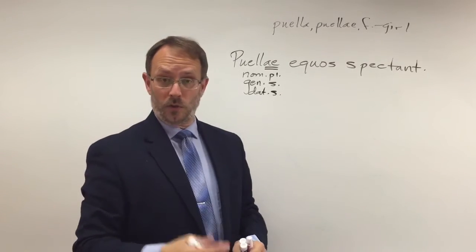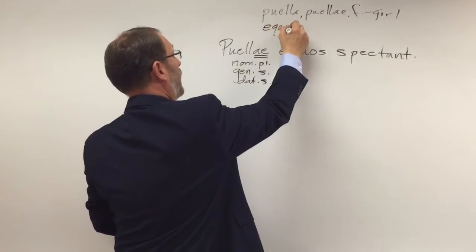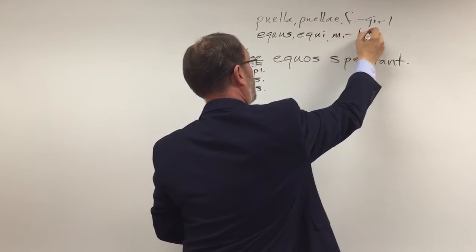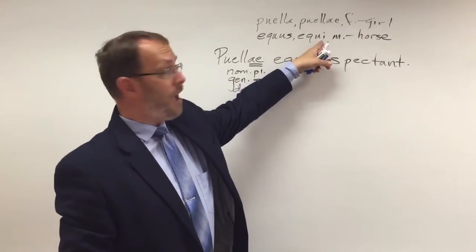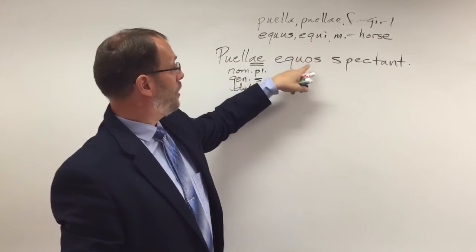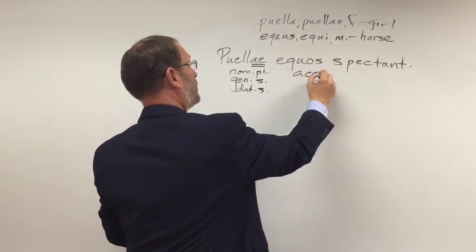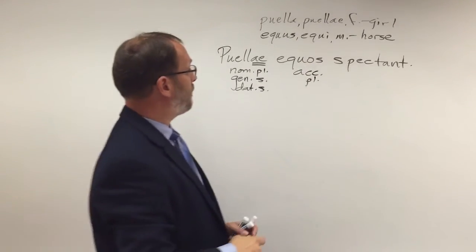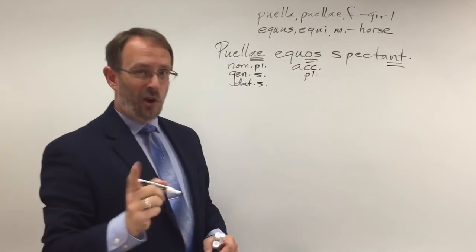And then this word equus, which is from that new vocabulary on page 34, we see equus, equi, masculine, the word for horse. Well, that second entry ending in I tells me that's second declension. Well, the new ending we've got, OS, can only be one thing. That's accusative plural. And then I look at my verb. I go, okay, well, that NT, that's a plural verb ending.